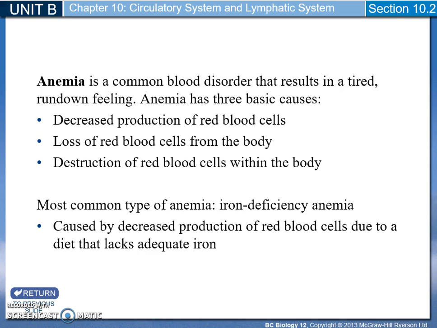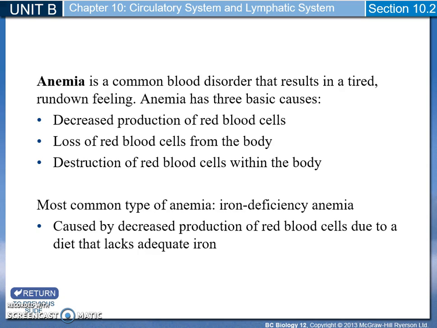For example, some kind of cancerous condition of the colon, let's say, where it's causing some bleeding out through the digestive tract. That can cause an abnormally high loss of red blood cells or destruction of red blood cells within the body.